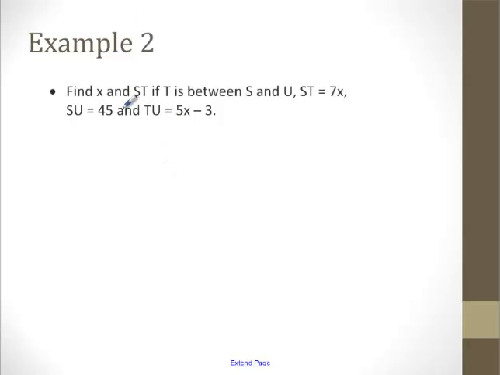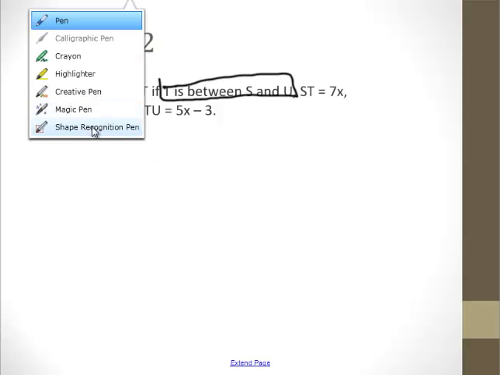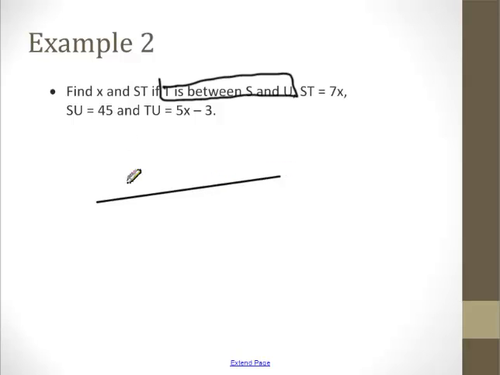All right, find X and ST if T is between S and U. In order to draw our picture, this is the part we need. T is between S and U. So I'll draw a line.